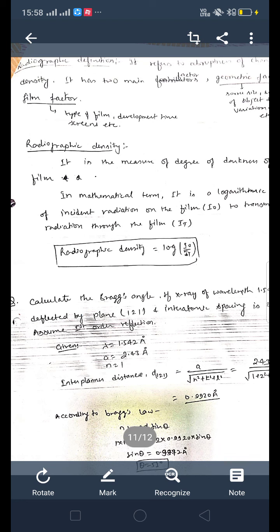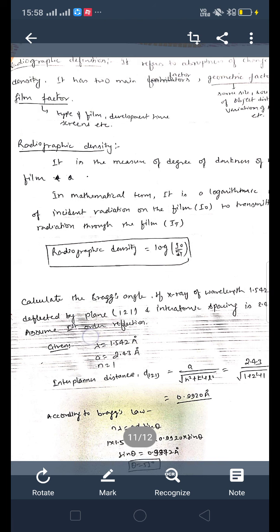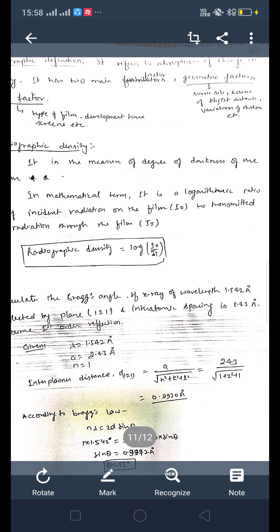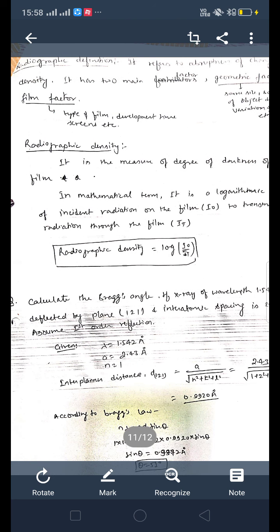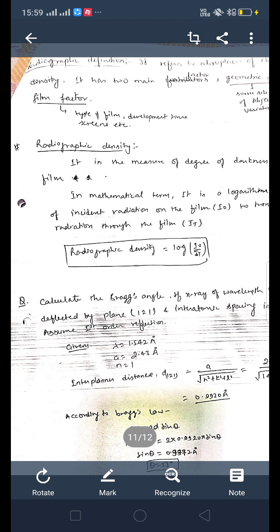And the interatomic spacing is 2.43 angstrom, that is, the atomic spacing, indicated by a, is given as 2.43 angstrom.